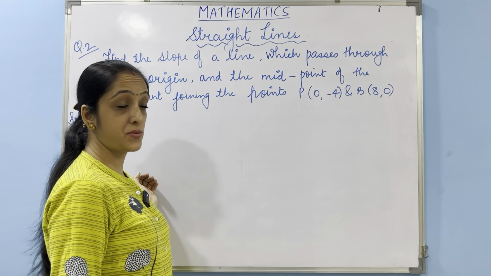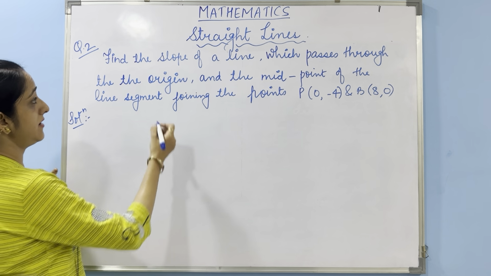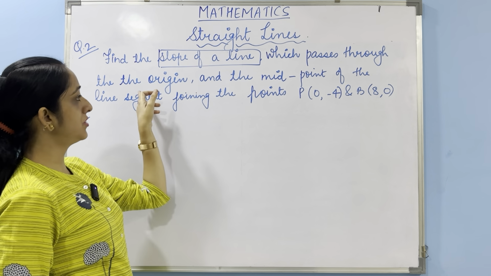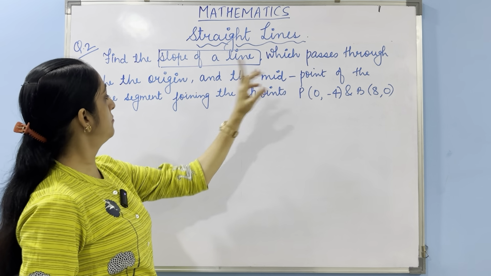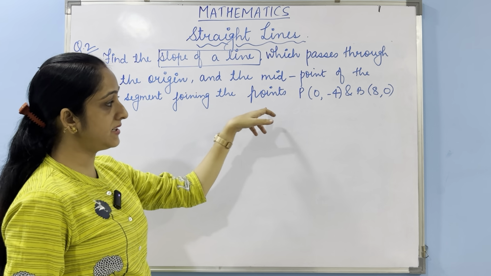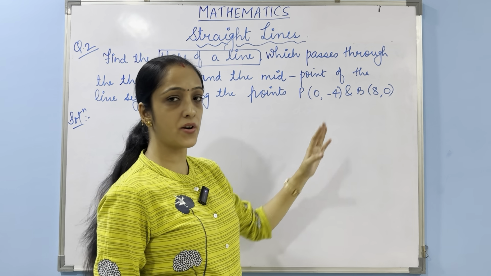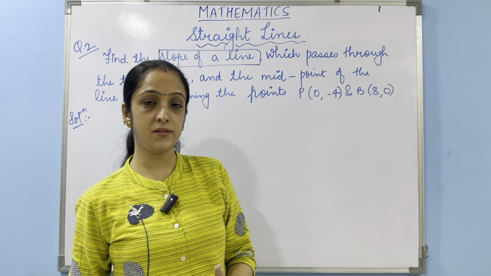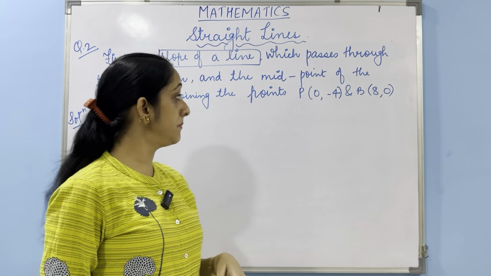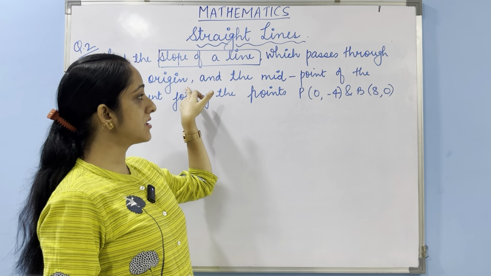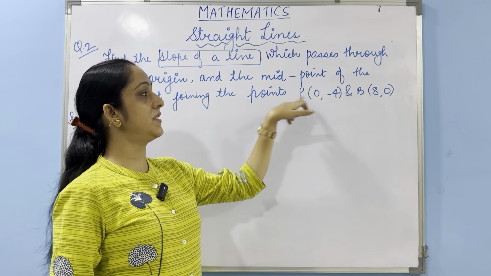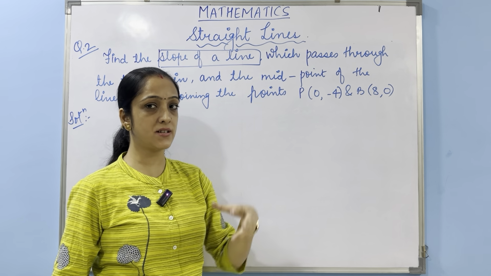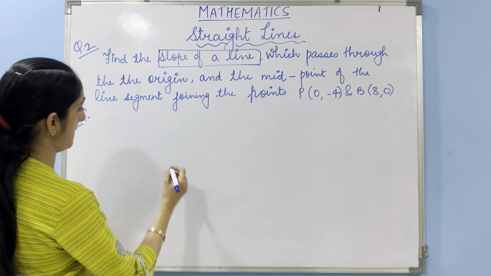Now let's see the next question, which is again to find the slope of a line which passes through the origin and the midpoint of the line segment joining the points P and B, and their coordinates are given. Here clearly nothing is given about inclination, but instead the line is passing through the origin and the midpoint of a line segment whose endpoints' coordinates are given. So let's draw the diagram.